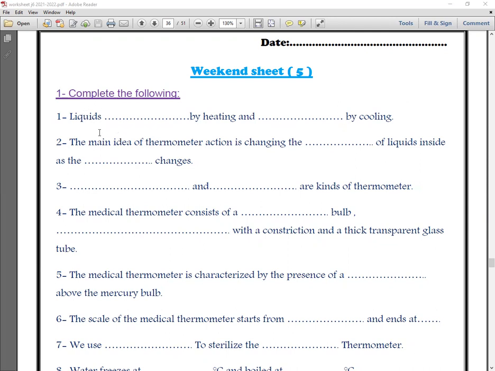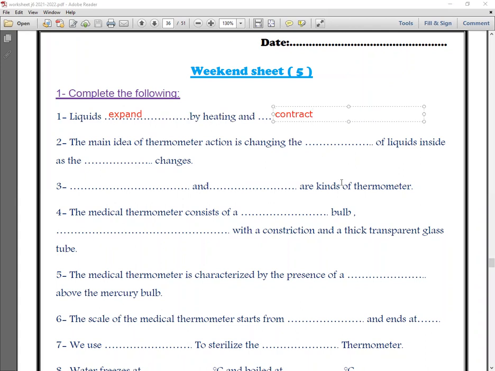Complete the following. Number 1: liquids what by heating and what by cooling? Liquids expand by heating and contract by cooling.